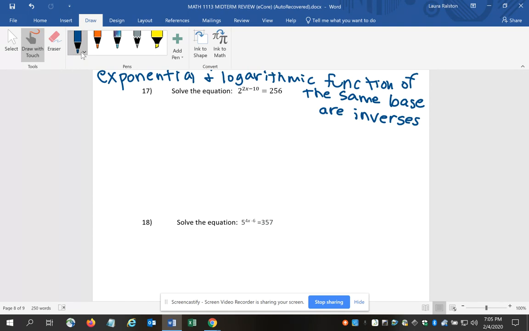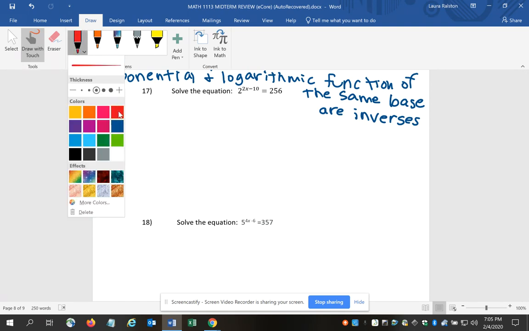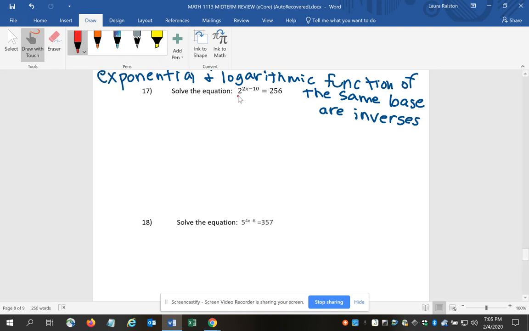So since this is an exponential with a base of 2, and I know it's a base of 2 because remember the base is the big number, I'm going to use a logarithm base 2.